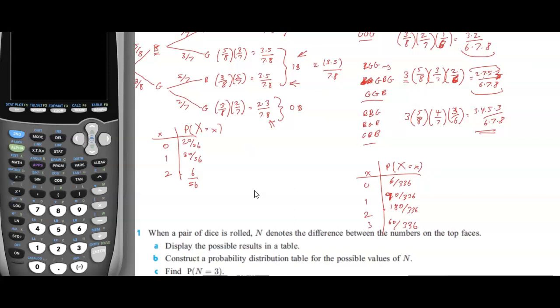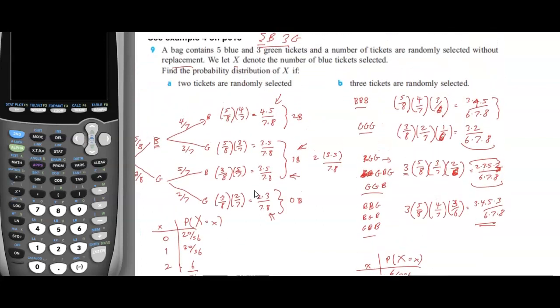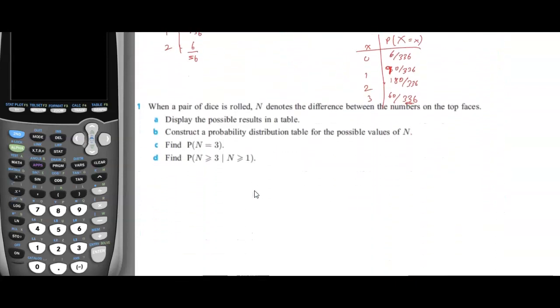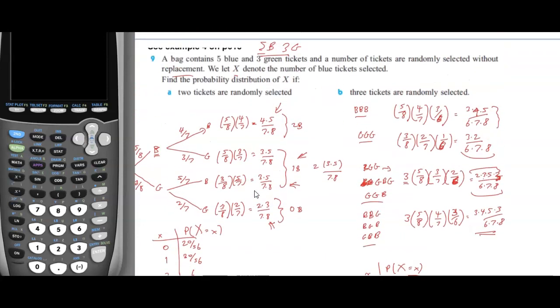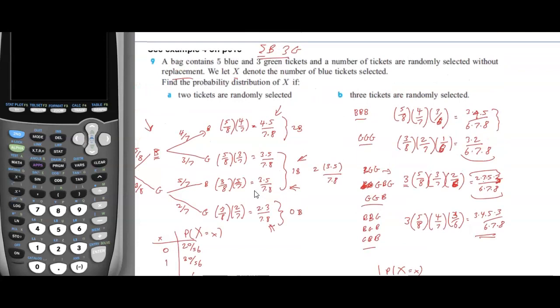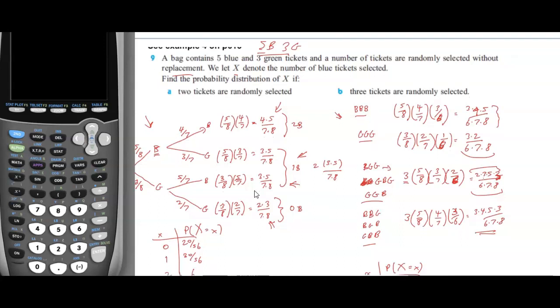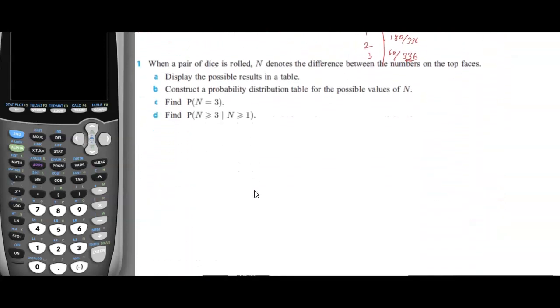If I added up 6 plus 90 plus 180 plus 60, I would see that I would get 336. So that's a good check. All right. So that's it for problem 9. But if you feel better, always do the probability tree. On the exam, they're probably not going to give you a problem that has 3 draws, so time is really not a problem.